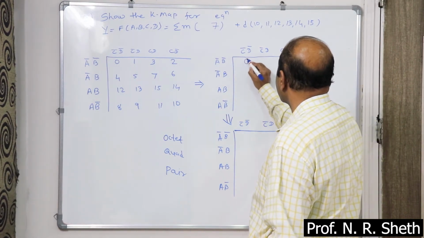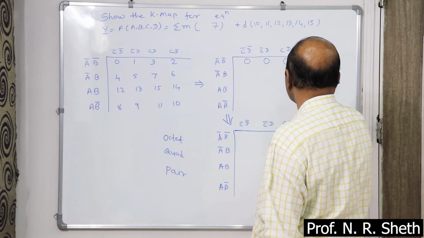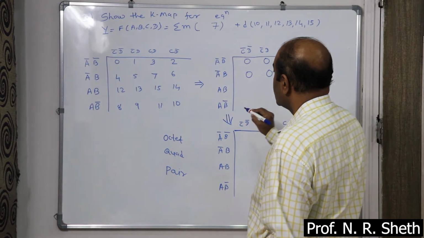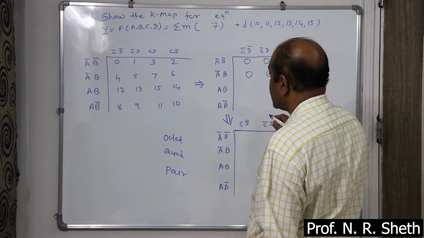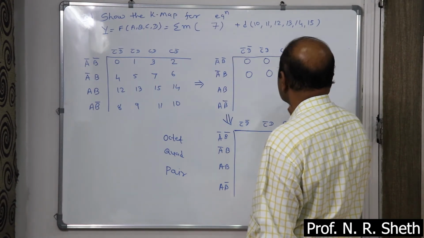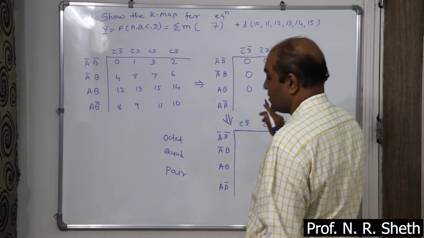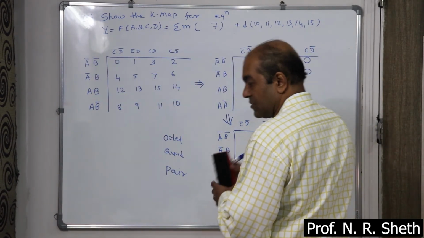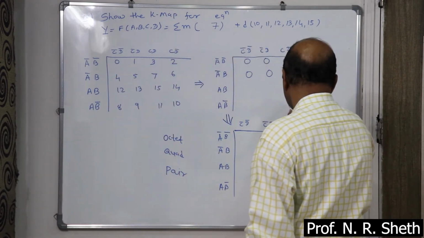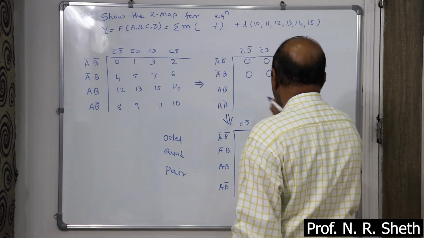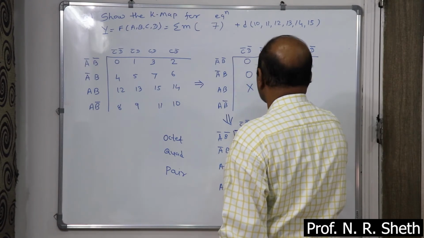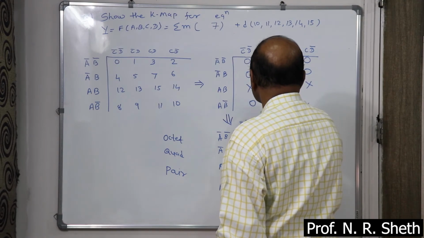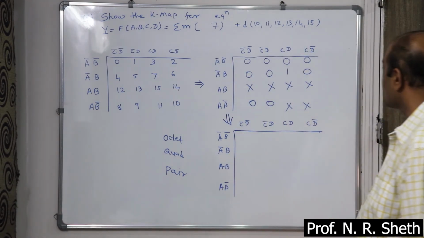So the first 4 entries 0, 7 is high, 10, 11, 12, sorry, they are don't cares, 10, 11, 12, 13, 14, 15, and the rest ones are 0.